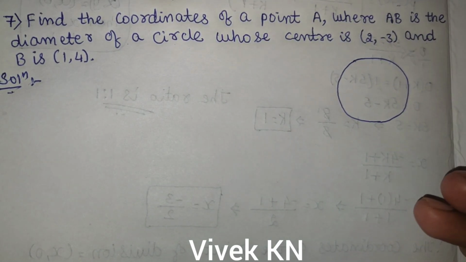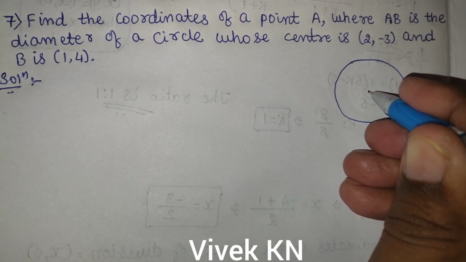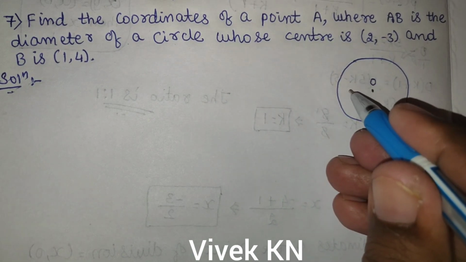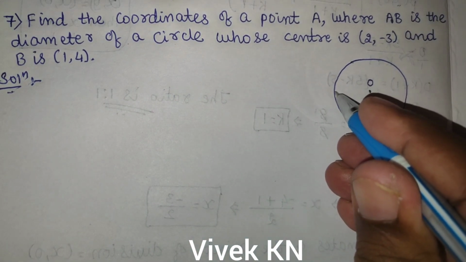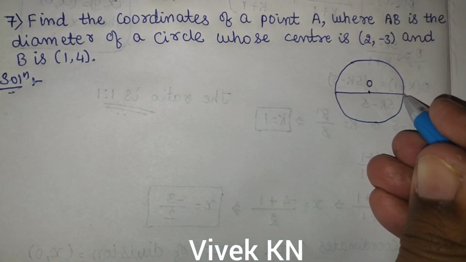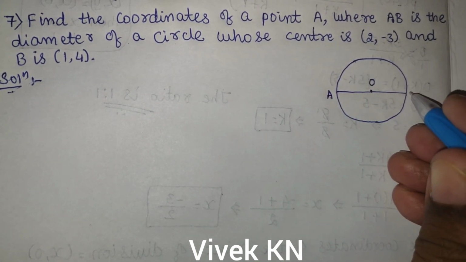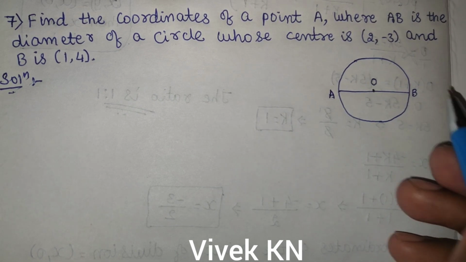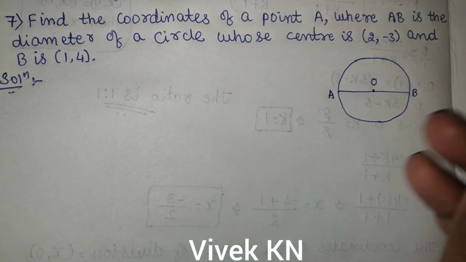This is the circle and this is the center of the circle O. Now we have to draw the diameter of a circle. Here this is the diameter of the circle, AB. Now according to the question, the coordinates of the center are (2, -3).